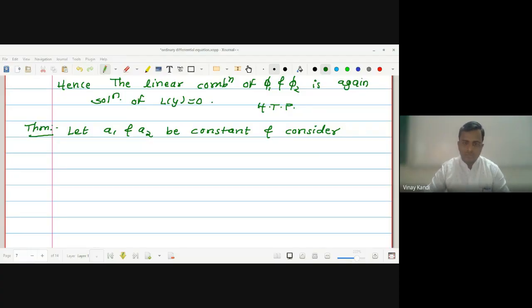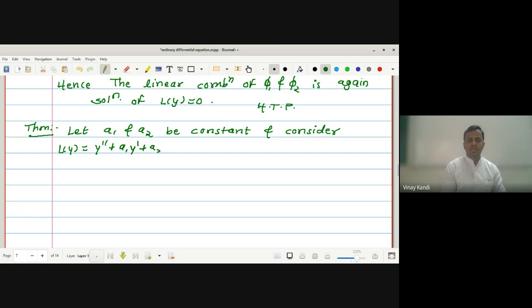Okay. Let a1 and a2 be constants and consider L of y, which is equal to y double dash plus a1 y dash plus a2 y, which is equal to 0.